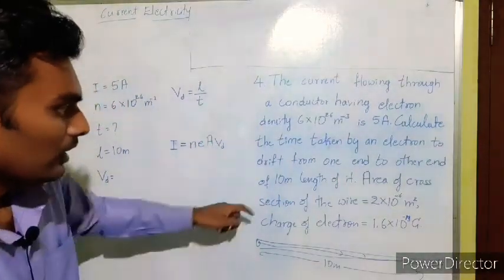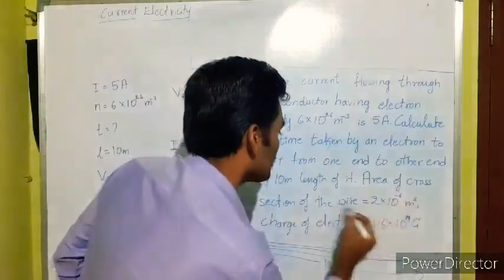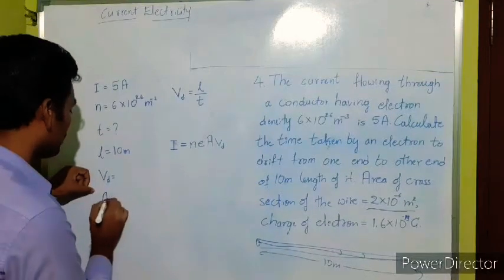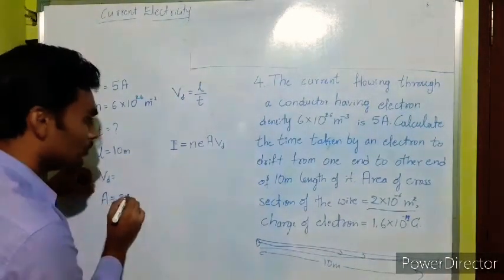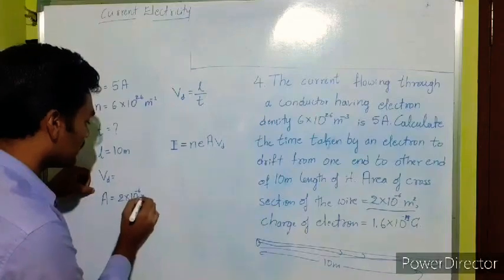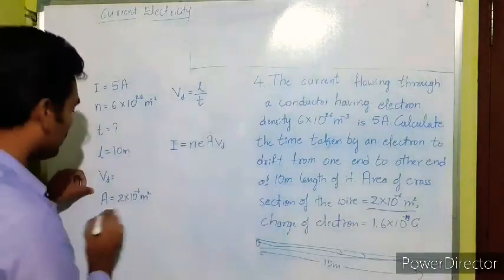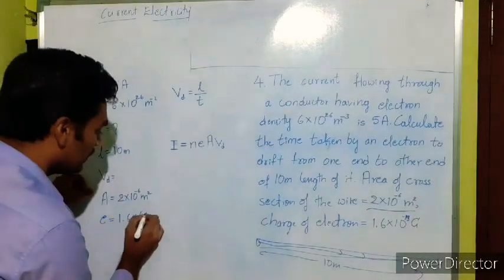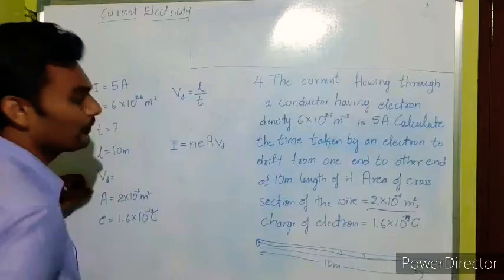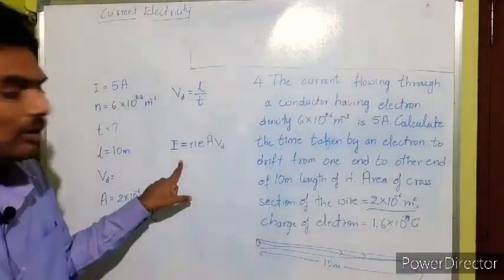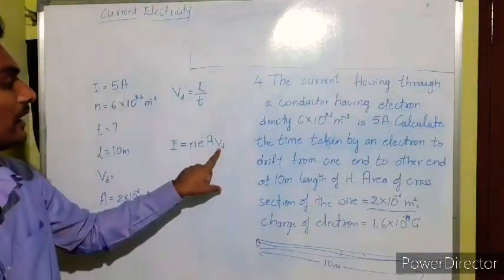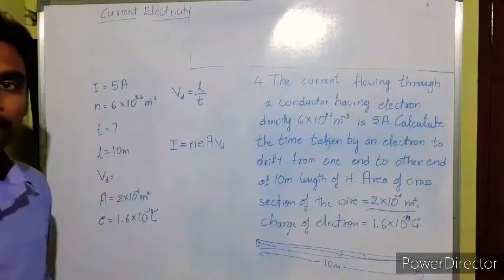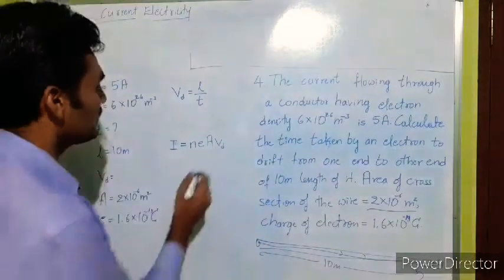Area of cross section is given, which is 2 into 10 to the power of minus 6 meters square. Charge of electron is also given, 1.6 into 10 to the power of minus 19 coulomb. So this expression will help us in getting the value of Vd. Once we get the value of Vd, we can put that value here and get the value of T. First, let me work for Vd.